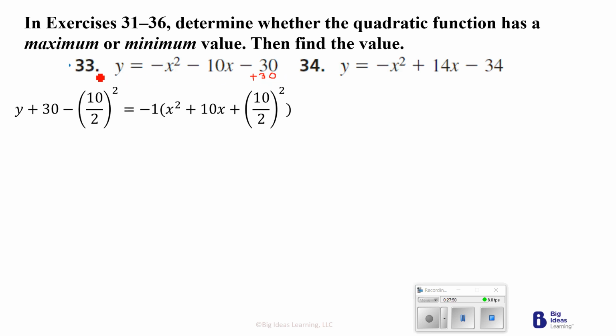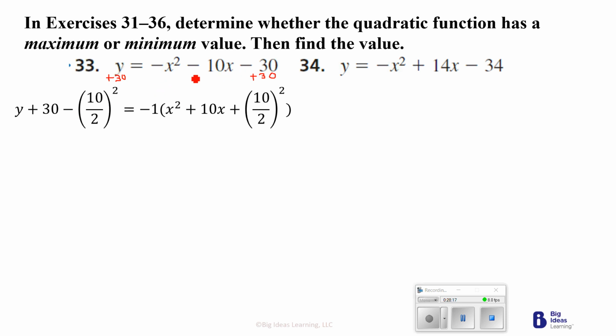Okay. So now we have y plus 30, all right? And let's see, we are taking the negative, okay, over here we have y plus 30 minus 10x.